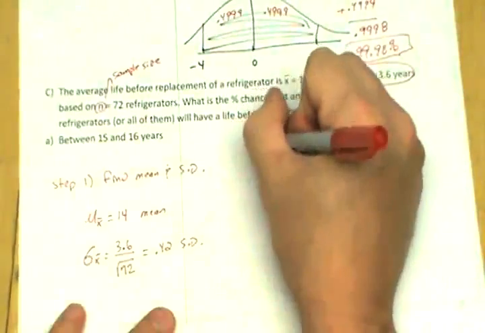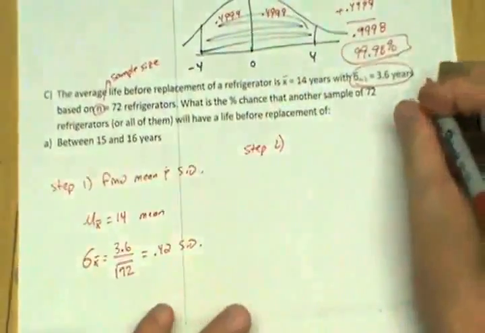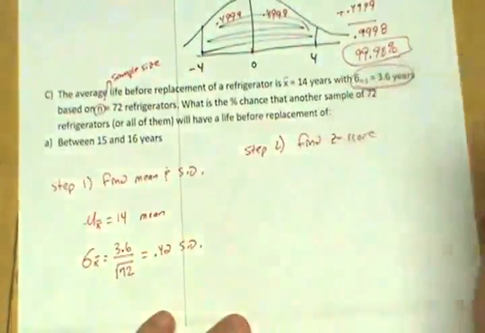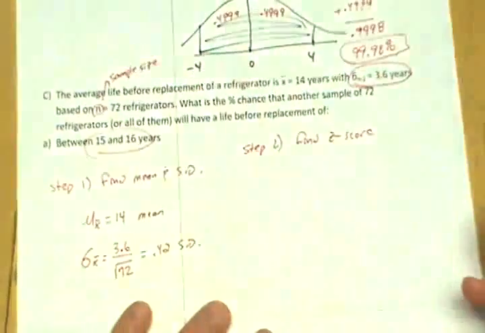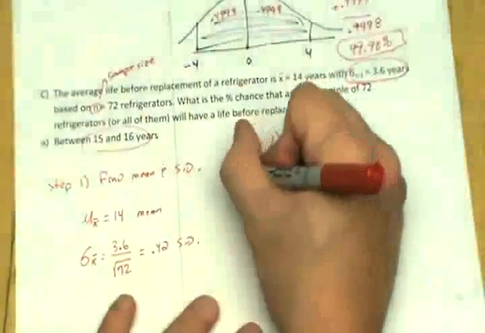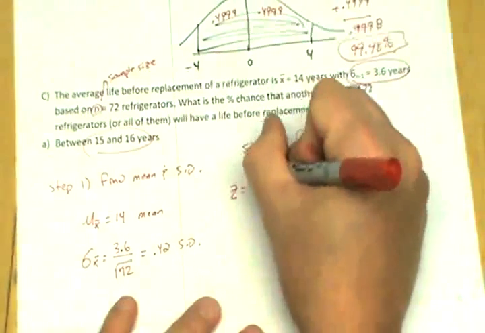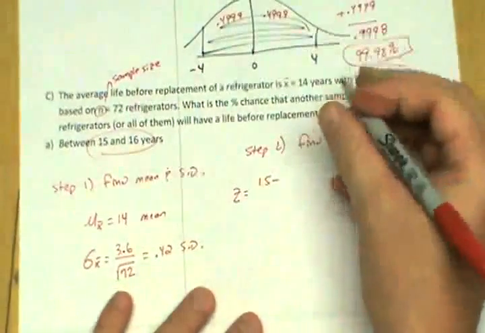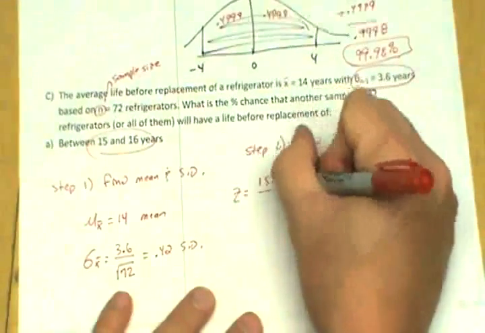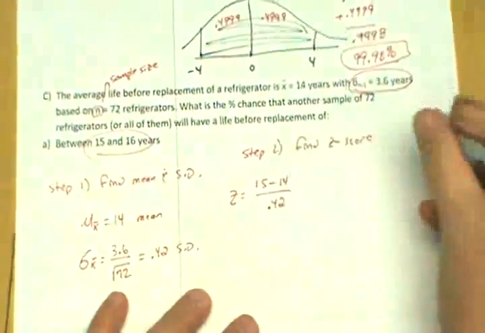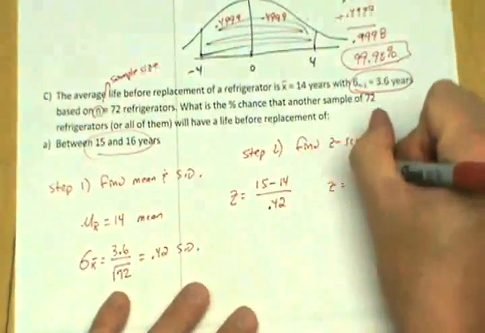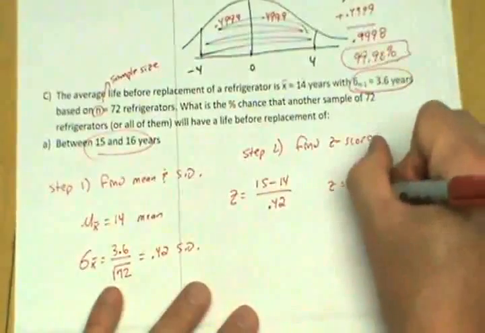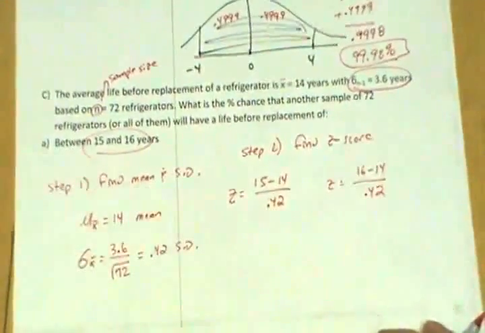Step 2, find the z-score. We have to do it separately because they want between 15 and 16. So the data is 15, and we subtract the mean, which is 14, and we're dividing by the standard deviation of 0.42. And then the data is 16 minus the mean 14 divided by 0.42.